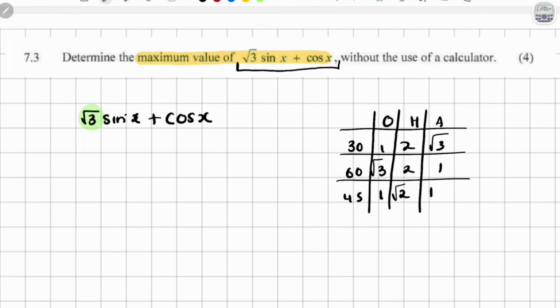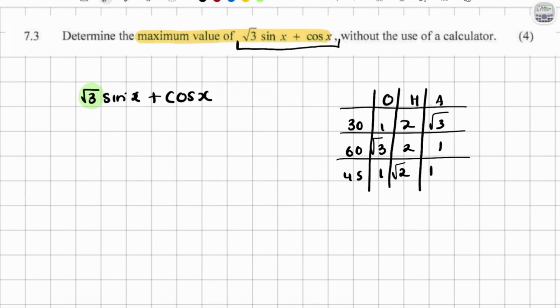Okay, so this is the OHA rule. Let's see all the ratios that have the square root of 3 in them. If you said square root of 3 being the adjacent, you can say adjacent over hypotenuse, square root of 3 over 2. And remember, adjacent over hypotenuse is speaking about cos. The cos of what angle?